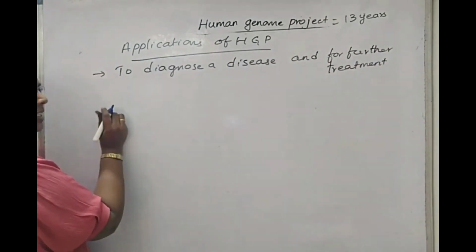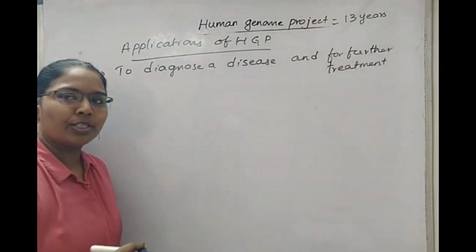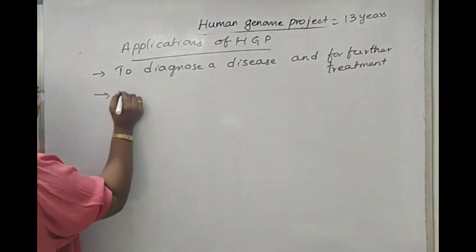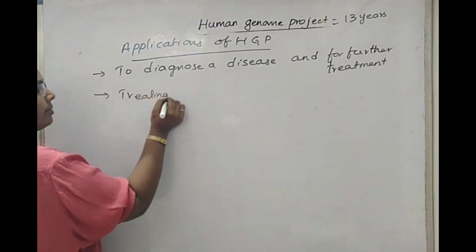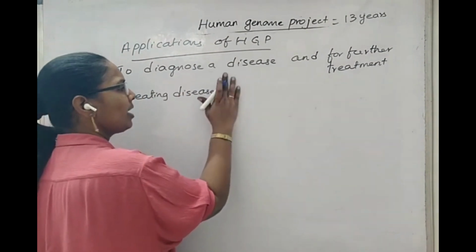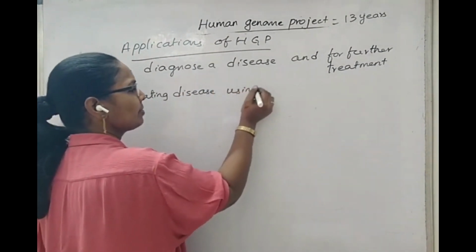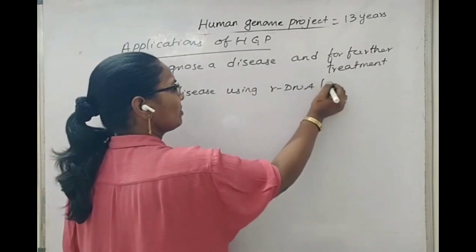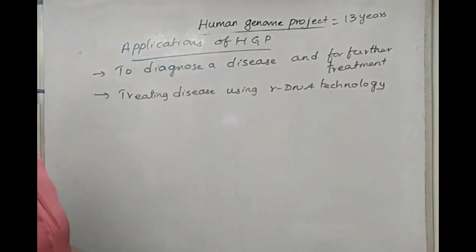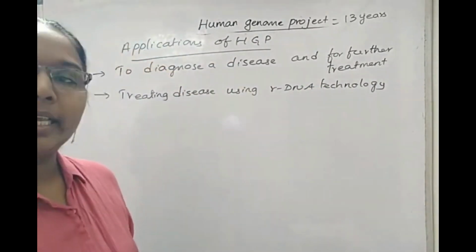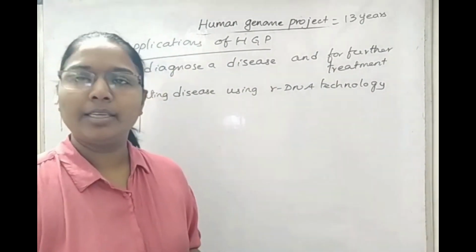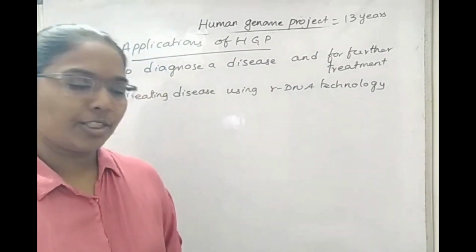If the gene sequence of a diseased person is known, then if possible, the treatment can be given by using rDNA technology, treating a disease or any disorder by using rDNA technology. Next one. The genomes of non-humans can also be sequenced, because we take some organisms like E. coli when we are doing rDNA technology methods.